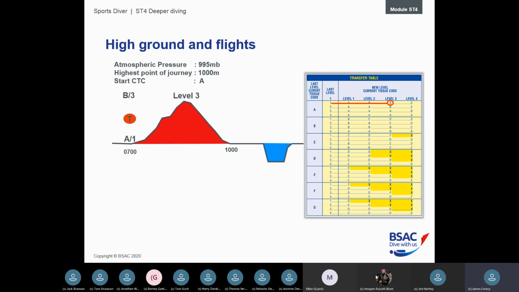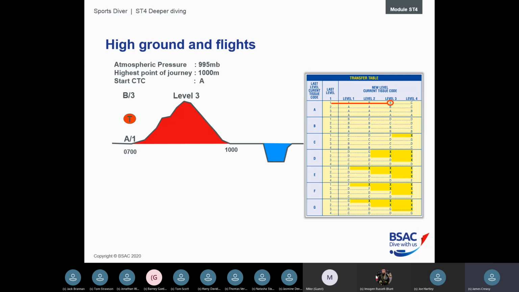You see where the line is. Now we've looked at the previous table, and we found that the area that we're going to is going to be in need of a level 3 table. So we have to change our tissue code to match the correct table. This line goes across from tissue code A level 1, last level 1, all the way across to level 3, because we're now using a level 3 table.